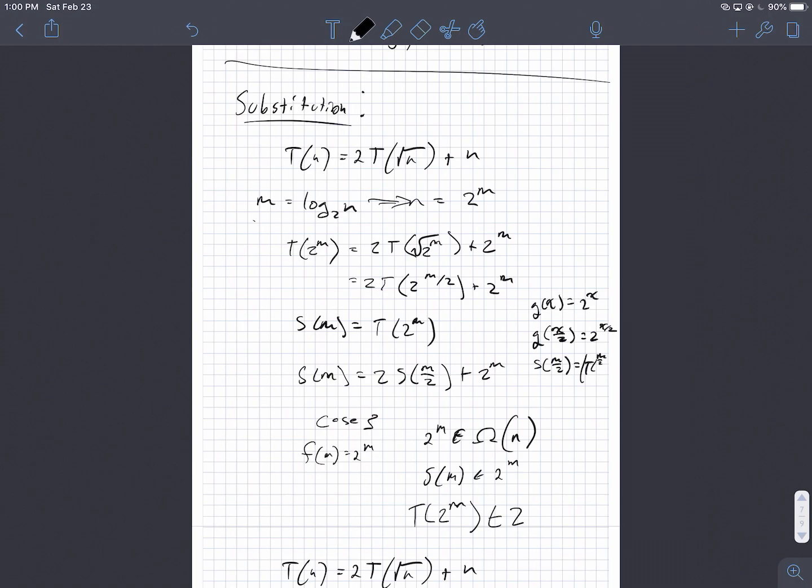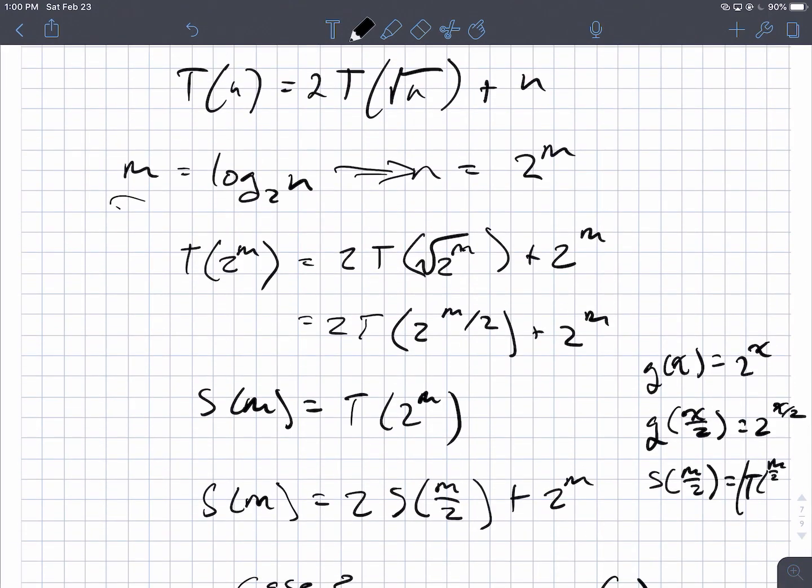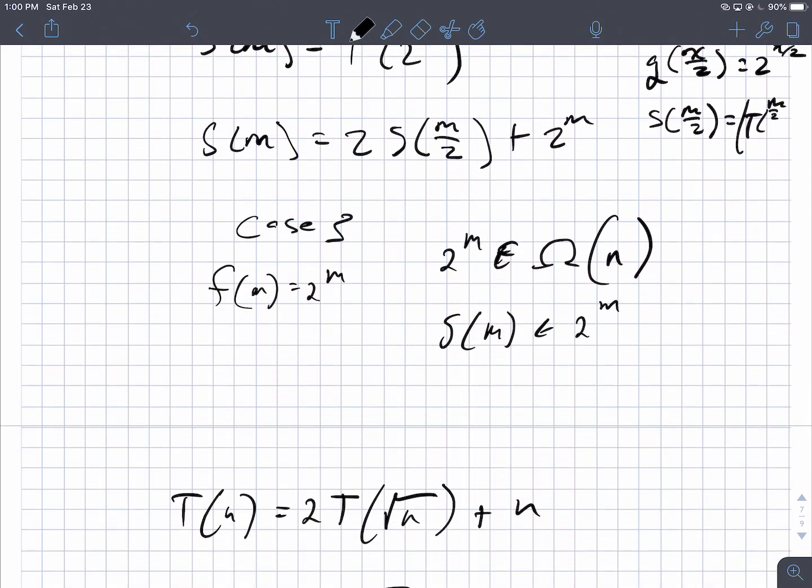Oh, you're right. I think you just plug in m, like it's 2 to the log base 2, which just ends up being n. Yeah, pretty sure it's just n. That's what the other technique gave. I don't know if that's a coincidence. No, I'm pretty sure it's n. What you do here is you just say, our original m substitution was this: m is log base 2 of n. So you substitute that. 2 to the log base 2 of n is just n. So it ends up being n.